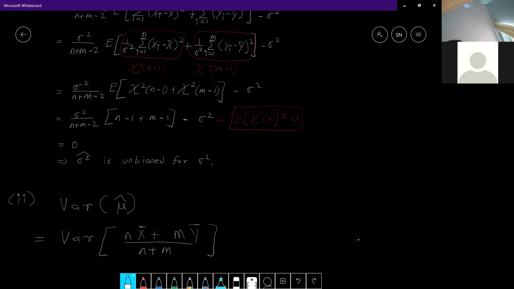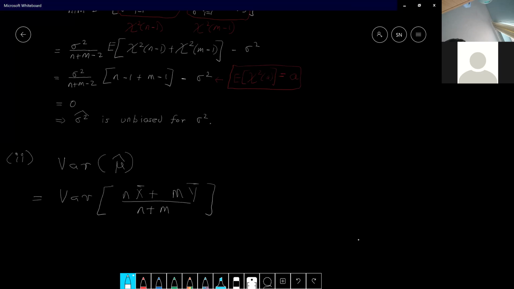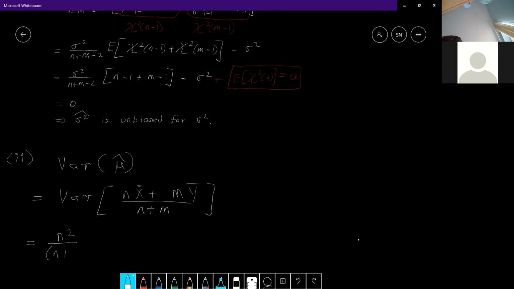If you take the variance inside, guys, you get n squared, because remember, if you're pulling a constant outside, you need to square it, right? So that's what I'm doing. It's n squared divided by n plus m squared times the variance of x bar, plus m squared.